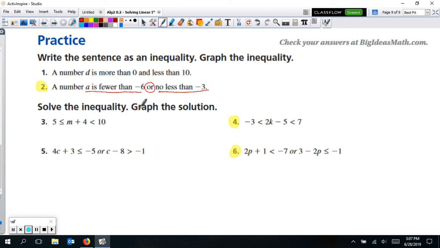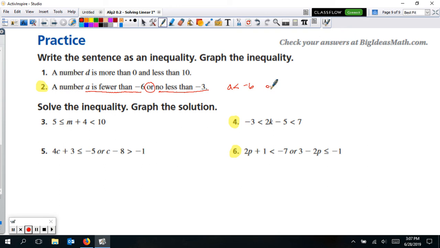So let's write out two inequalities. We're going to use the or word here, and we got to use the letter A. If it's fewer than negative 6, then it's not going to equal negative 6. It's just going to be A is fewer, fewer would be less. A is fewer than negative 6.